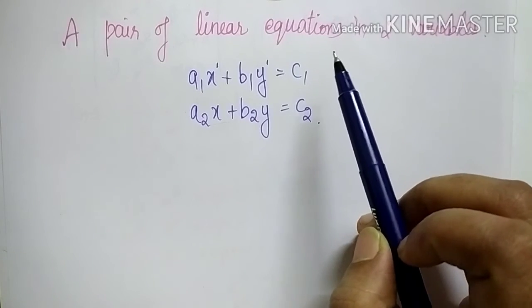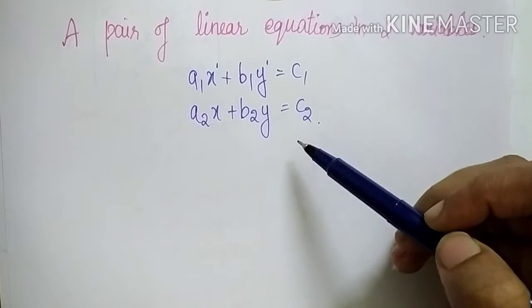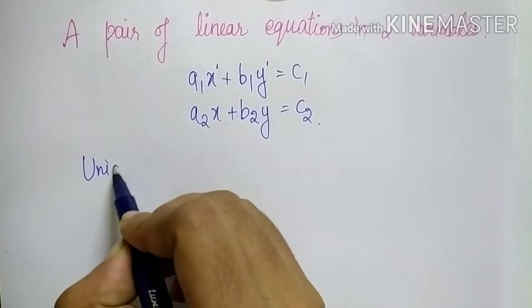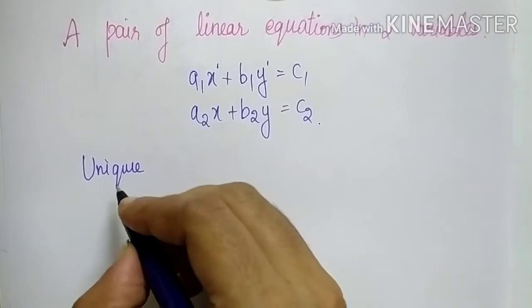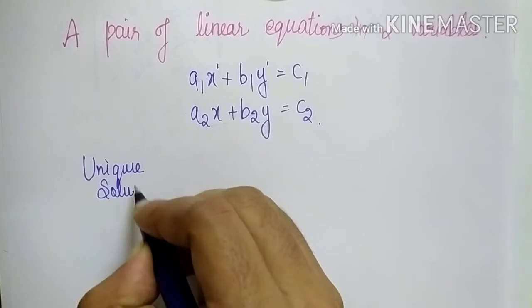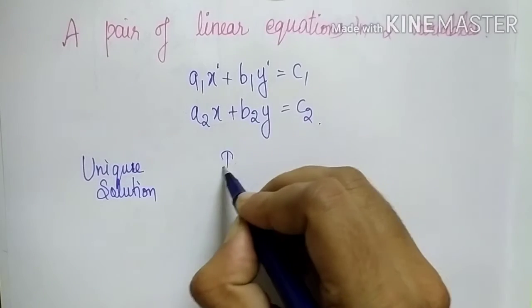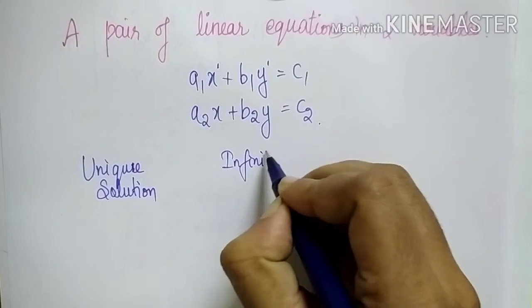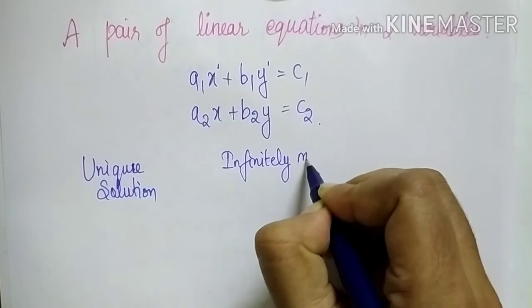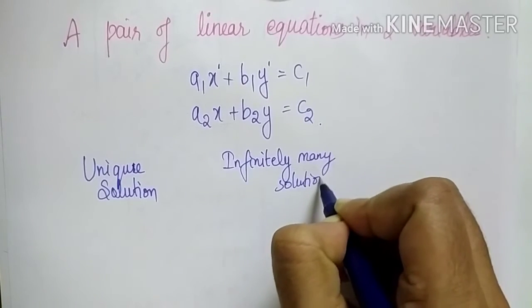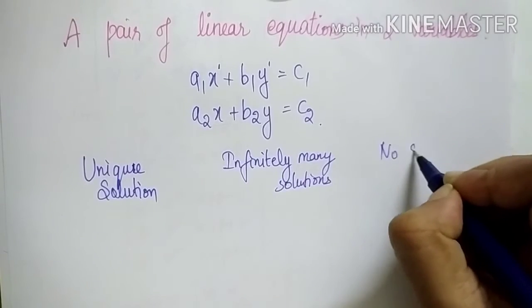So if you solve these two equations, you will either get a unique solution, or infinitely many solutions, or no solution.